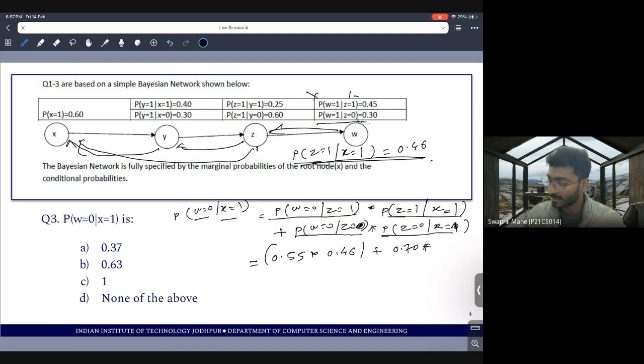This value is also not given. For z is equal to 1 the value has been given, so we subtract it from 1 to get the probability for z is equal to 0 given that x is equal to 1, which is 0.54. So you can calculate this, and we are getting the value 0.63.